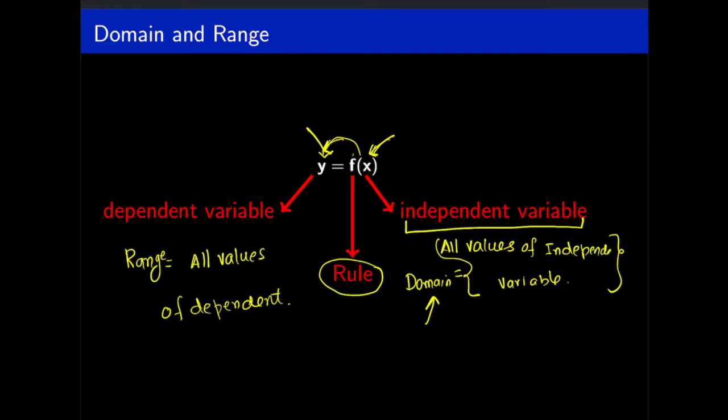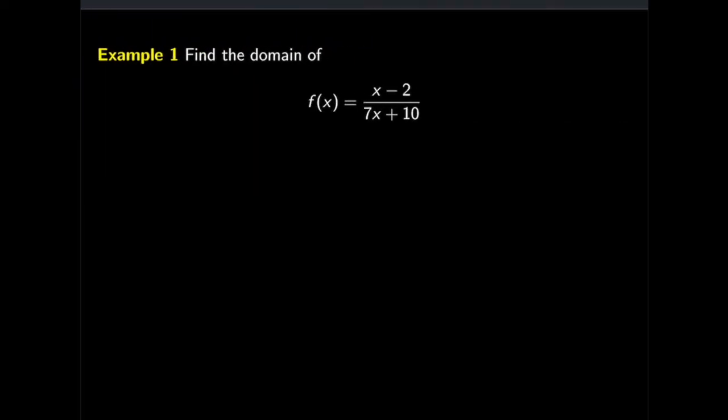Range and domain are connected, because first we have to find the domain and then we can find the range, because in order to find the range, we have to insert all values from the domain. Let's take some examples.